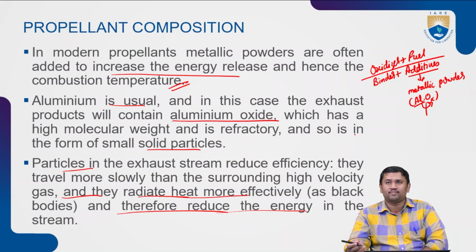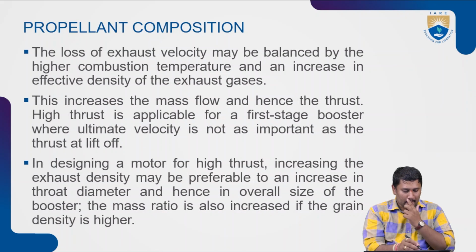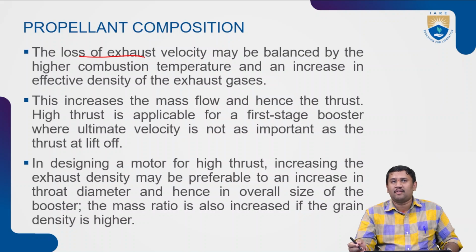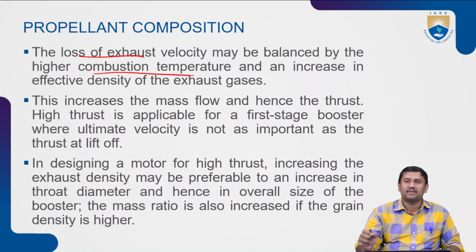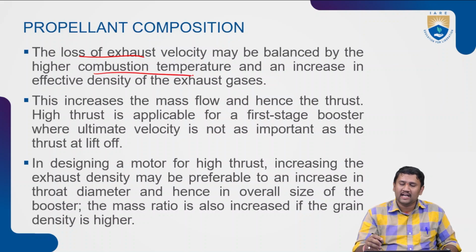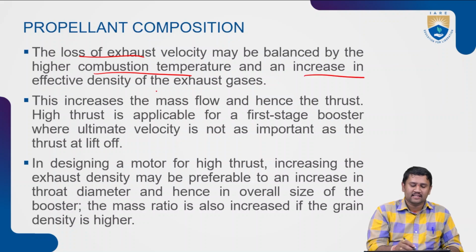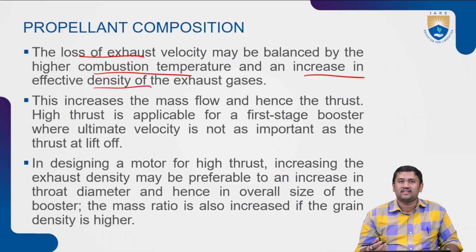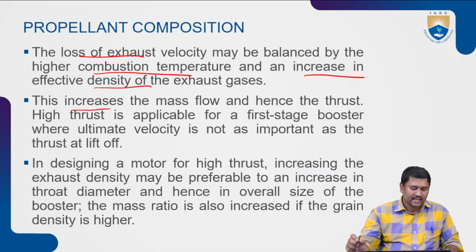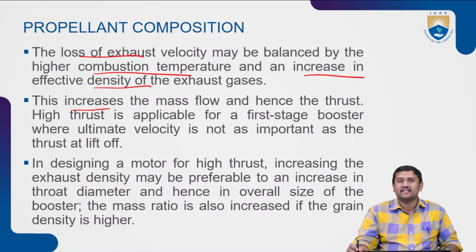Now, the loss of exhaust velocity may be balanced by a higher combustion temperature that we are attaining by adding additives and an increase in effective density of exhaust gases. So, we are increasing the mass flow rate at the throat. This increases the mass flow and hence the thrust.